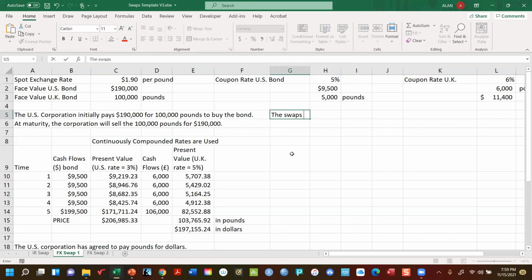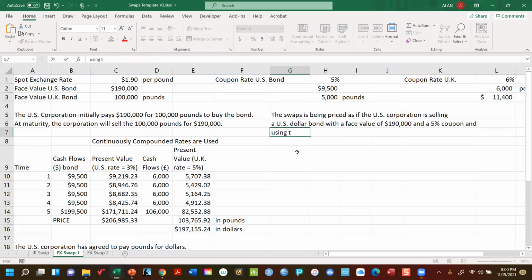The swap is being priced as if the U.S. corporation is selling a U.S. dollar bond with a face value of 190,000 and a 5% coupon, and using the proceeds to buy a UK pound bond with a face value of 100,000 pounds and a 6% coupon rate.